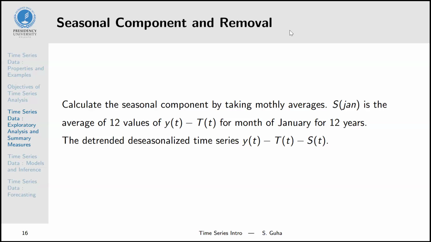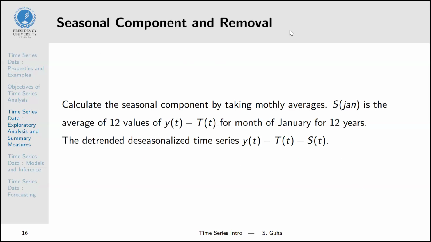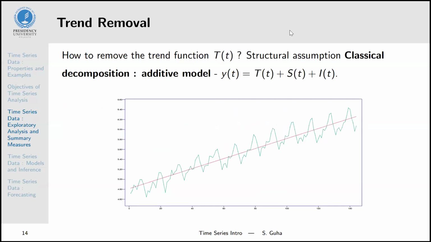Sorry, sir, I wanted to ask one question. This, Y comma t minus T comma t, is overall depicting the detrend. Can you explain what these mean? These mathematical functions, apart from S_t, I understood that.